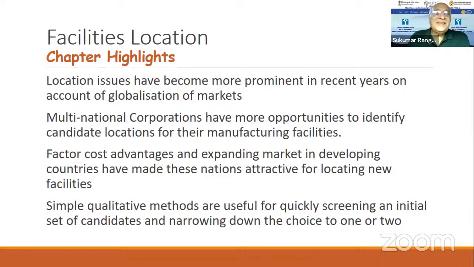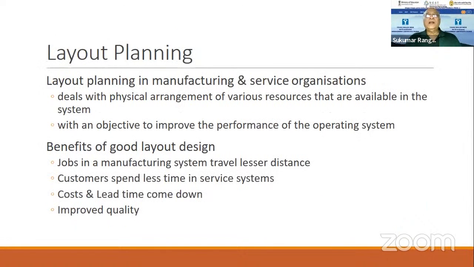Right. Okay. So now we come to the next stage, which is the layout planning. Once you have decided on the location, then you have to design your facility, how the facility will be. You may have a total area, but depending on the process which you adopt. I think yesterday you talked about the process and process design.